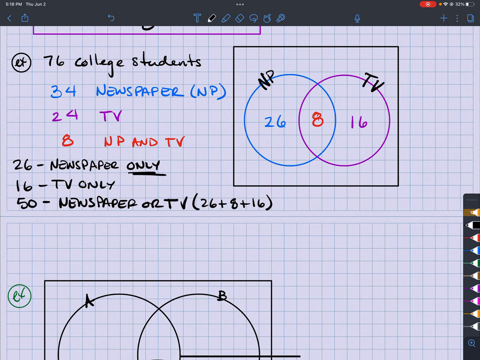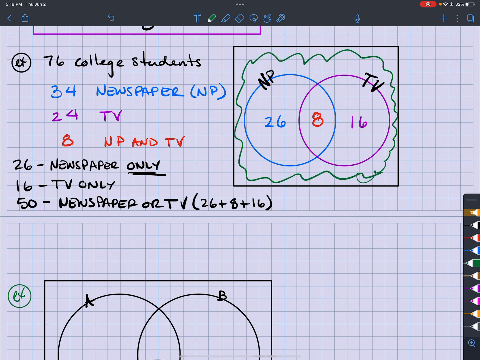So how many people would do neither? Neither means neither one nor the other, so essentially they would be the people who would be out here, right? Not inside any of the circles, just out there, that don't look at the newspaper, don't look at the TV.